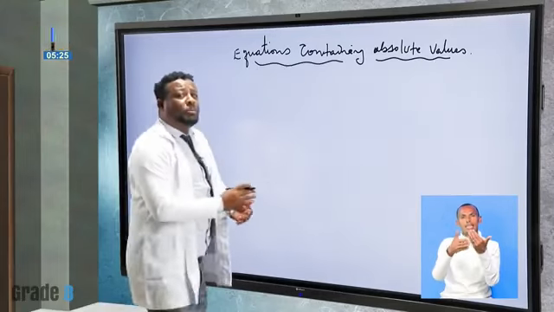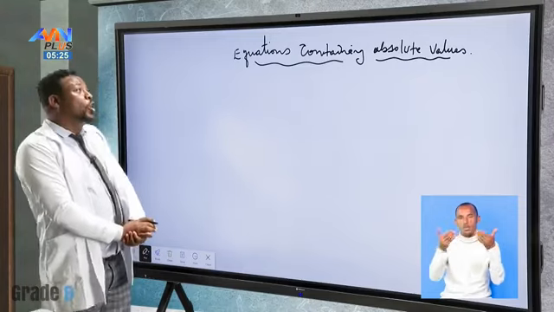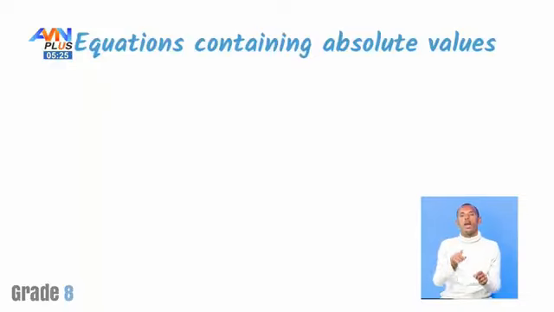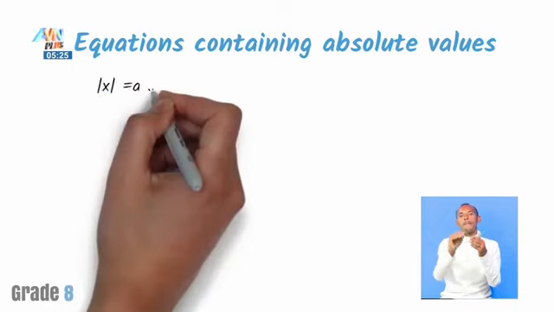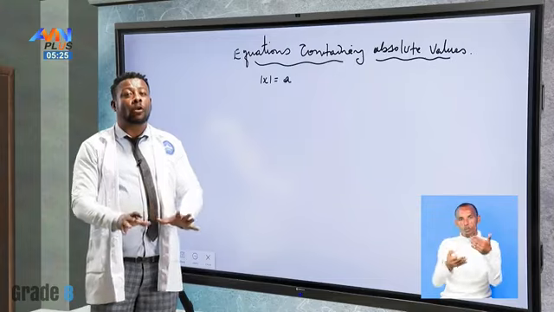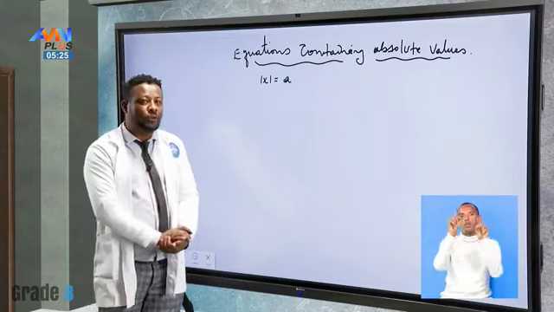So the simplest form of equations containing absolute value is absolute value of x is equal to some number a. Okay, this is the simplest form.